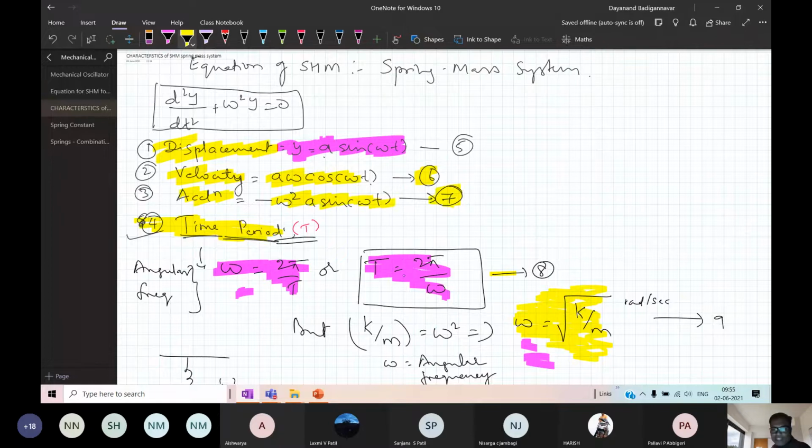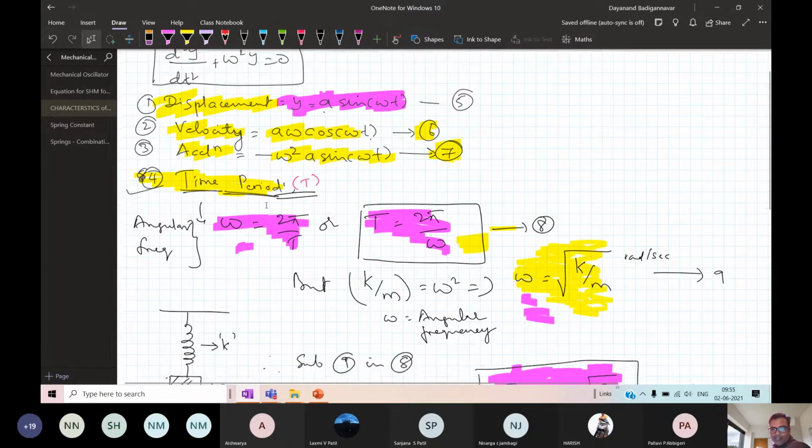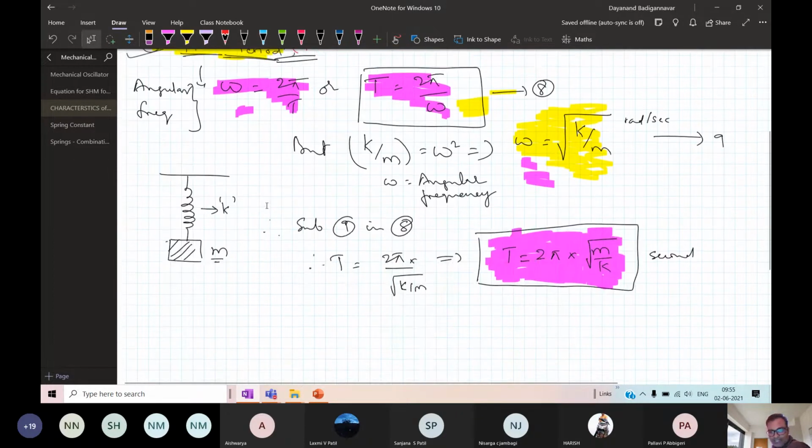Then equation number 8, that is the angular frequency. After that, we represented the time period in terms of the mass and the spring constant. Using this, you can calculate different values in numericals.